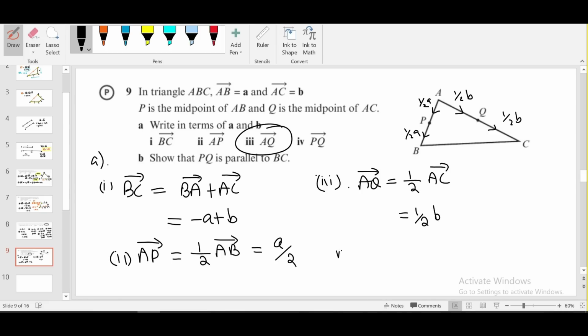And the fourth one is the PQ vector. Now tell me, how do you find the PQ vector? You have to start from P and reach Q. Would BC be parallel to PQ? We are not sure. That's what we need to prove in the next one. We cannot assume they are parallel.